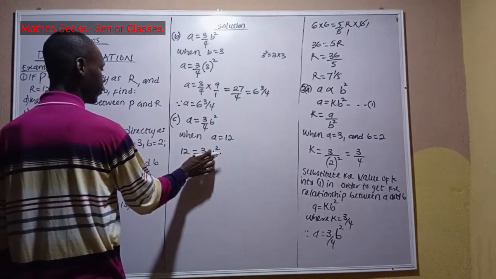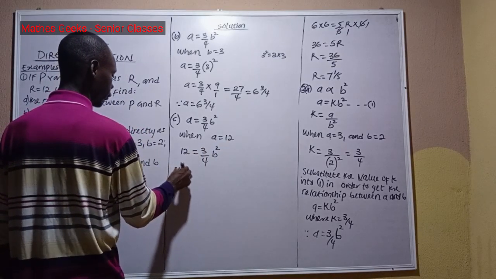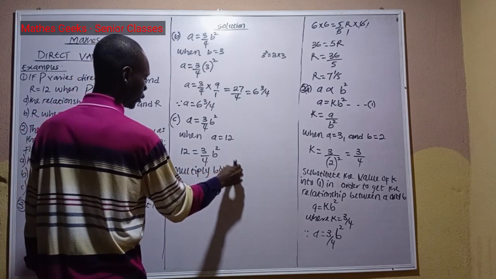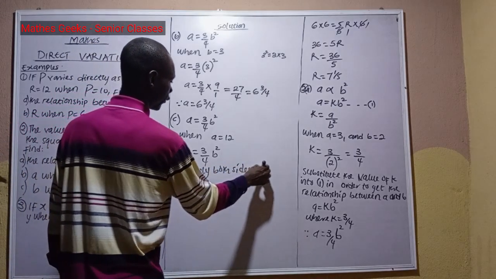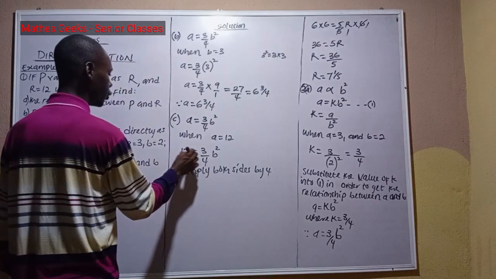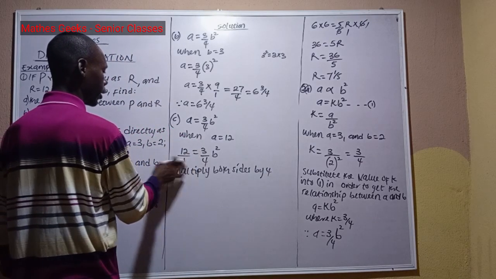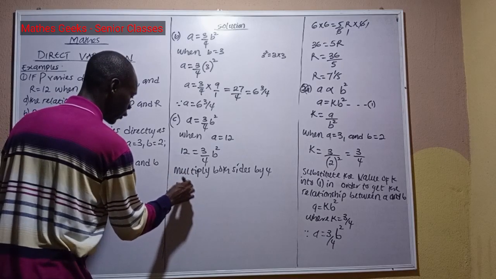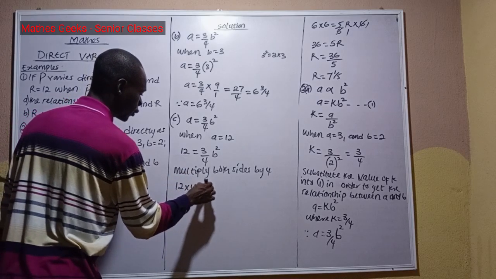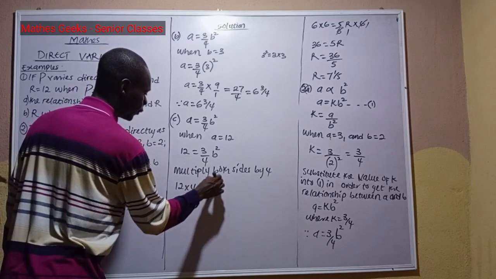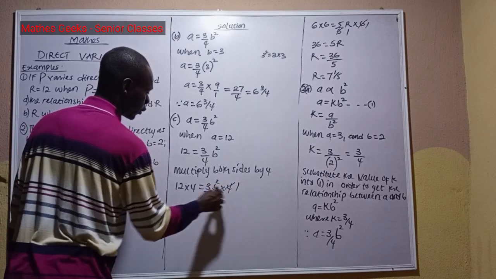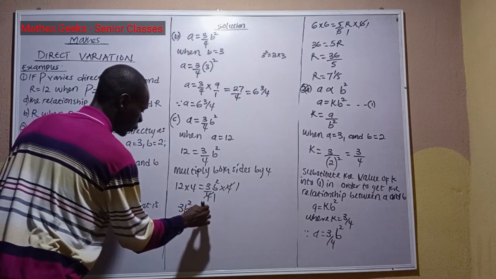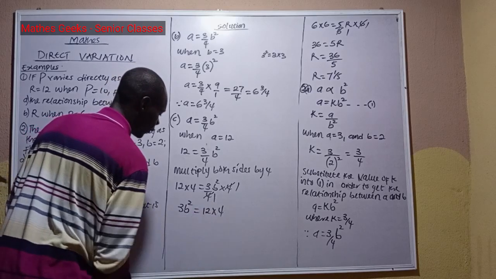So to eliminate 4, multiply both sides by 4. 12 times 4 equals 3 over 4 B squared times 4, the 4s cancel. So 3 B squared is equal to 12 times 4.